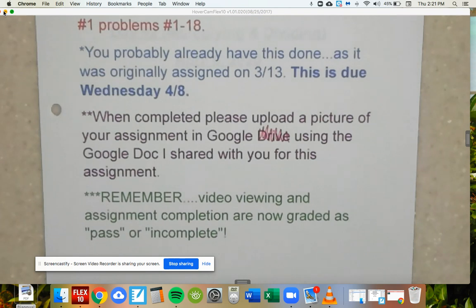If you've done the 18 problems, you get credit. It's almost like pass or fail, except the terminology we're using is pass or incomplete. So as long as you're doing your assignments entirely and you're turning them in to me electronically, I will keep a list of which assignments you've handed in.